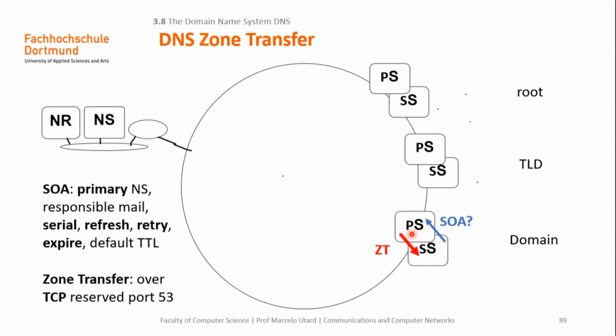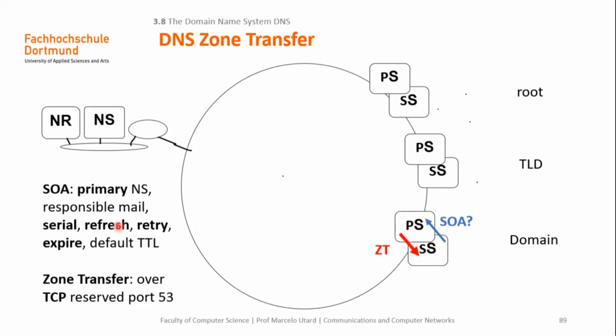Then a zone transfer needs to be performed. That is, all the resource records of the primary need to be transferred to the secondary. Or, depending on the implementation, some implementations permit transferring only the changes, and that is a shorter transfer with less information to transfer from one node to the other.